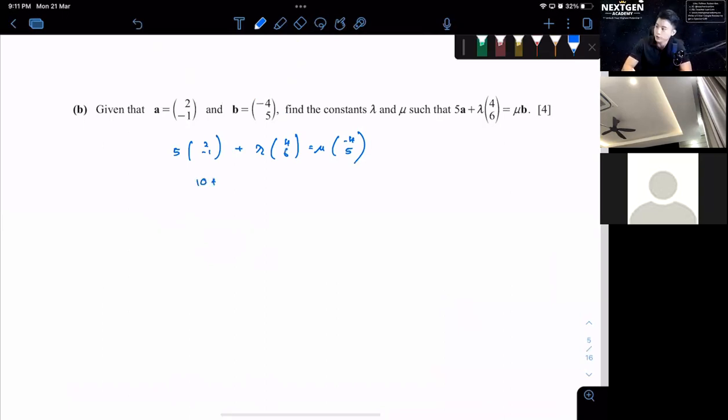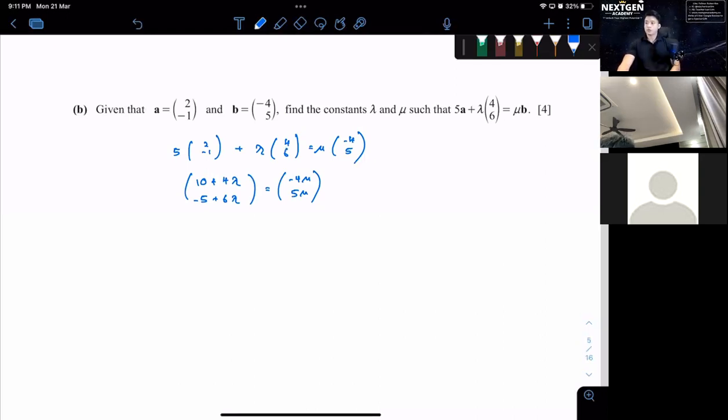So you get (10 plus 4 lambda, negative 5 plus 6 lambda) equals to (negative 4 mu, 5 mu). Okay, so we've got two equations. We can put it into a simultaneous equation. So I can do it as 10 plus 4 lambda equals to negative 4 mu.